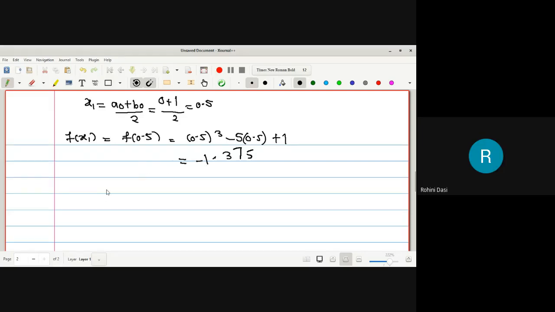Yes. So what is the next step? Now we have to check the value of f of a naught into f of x1. Check the value and tell me the answer.